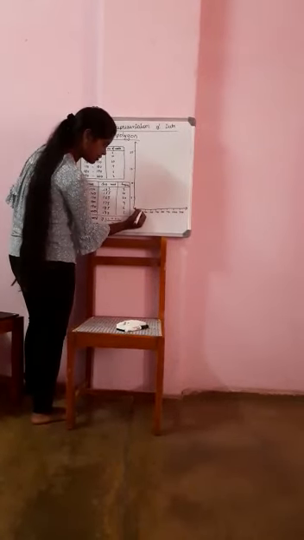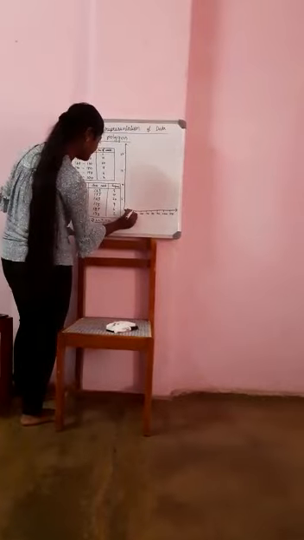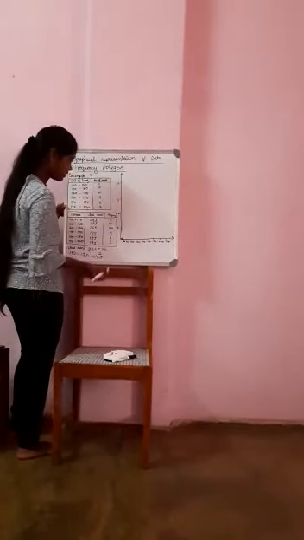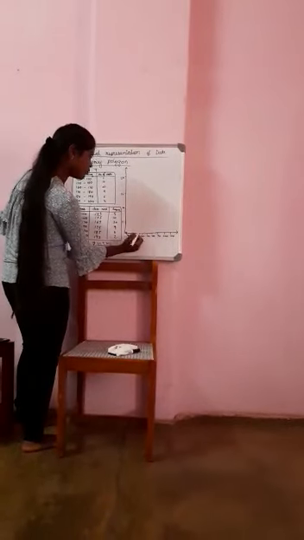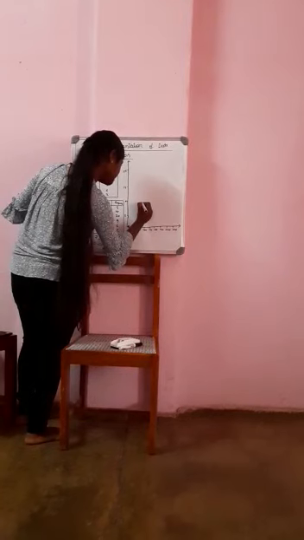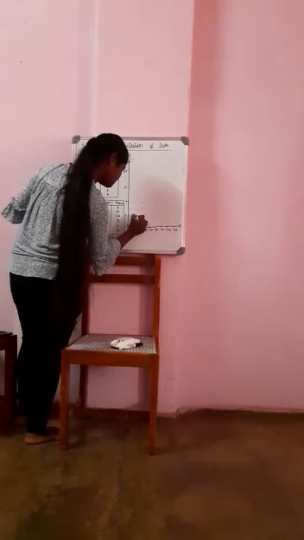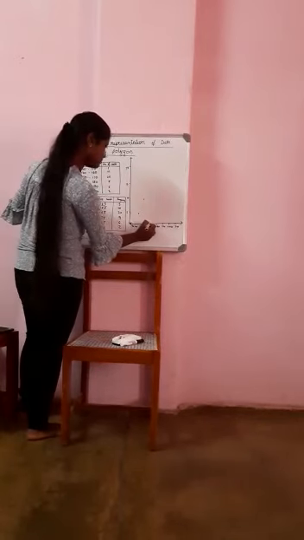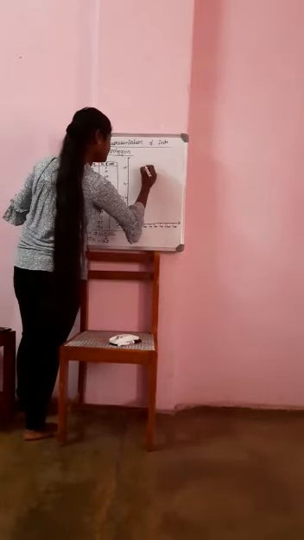145. From here, it is 5. I am just going to keep a small dot. Then for 155, it is 10. A small dot or a cross mark. Then for 165, 20.